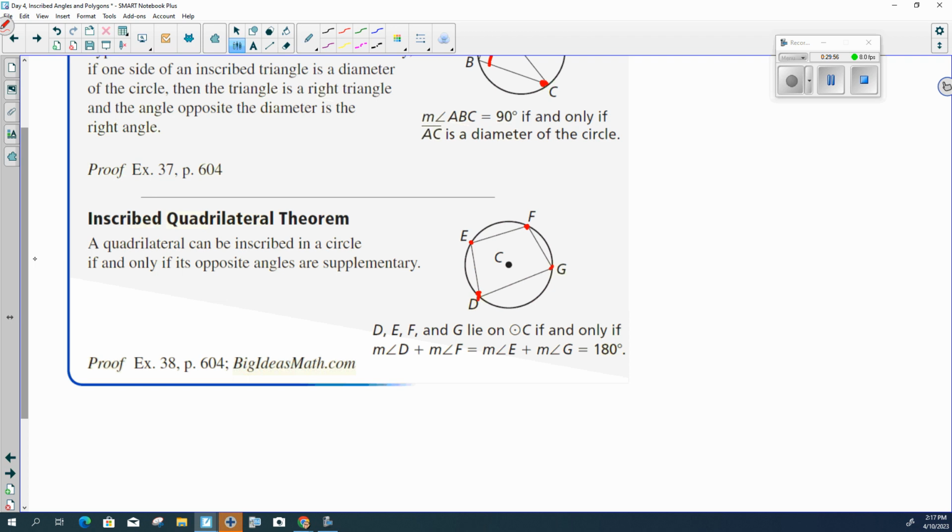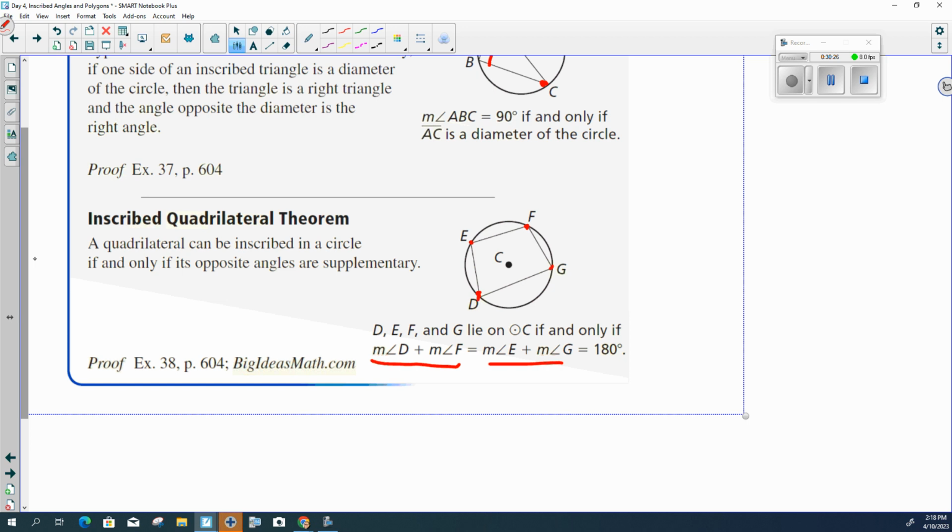Luke, if you're looking at that quadrilateral, what are the opposite angles? Yeah, so opposite just means they're not the next ones next to one another. So as it says here, D plus F equals 180. Also, E plus G equals 180.